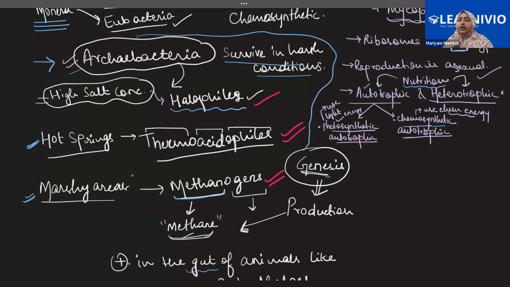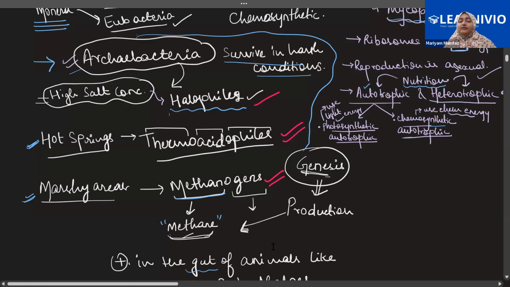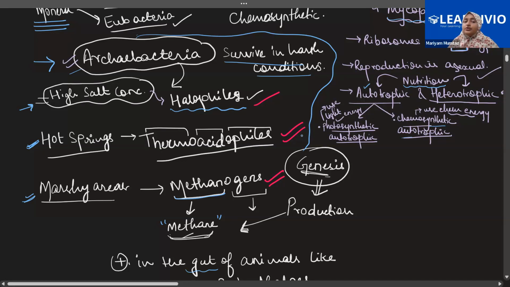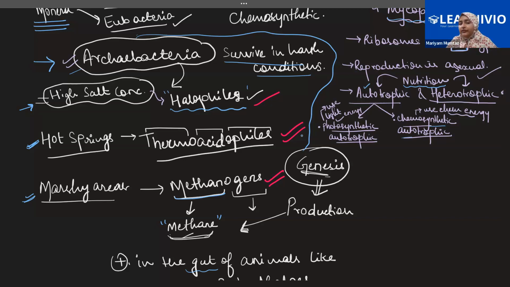Anyway, in all those areas that have a really high salt concentration, it's not possible for a normal cell to survive. But archaebacteria are very unique because they do not have a cell wall. With that being said, they can survive in the harsh conditions. So those archaebacteria that can survive in high salt concentration, we'll call them halophytes.